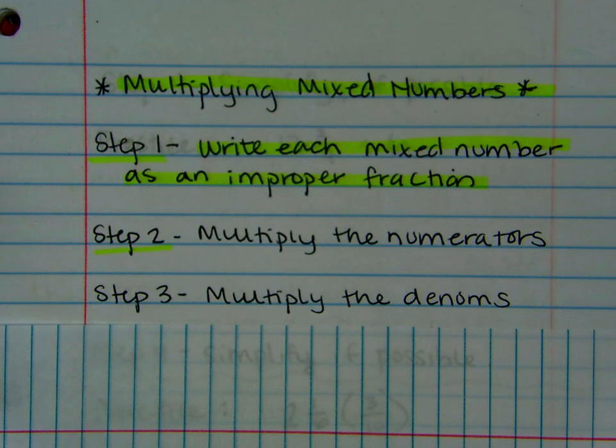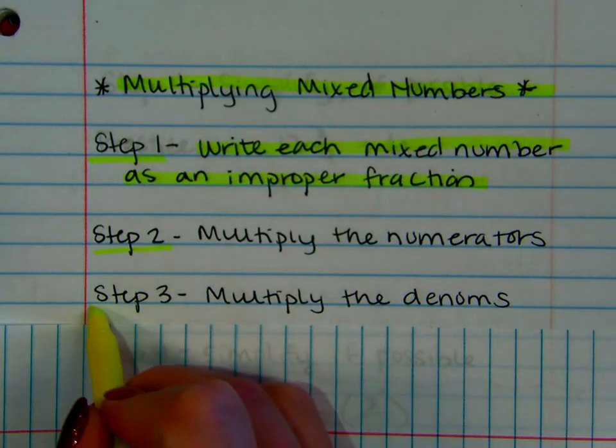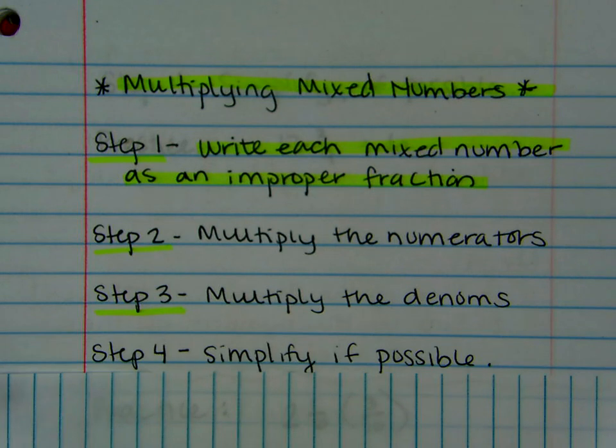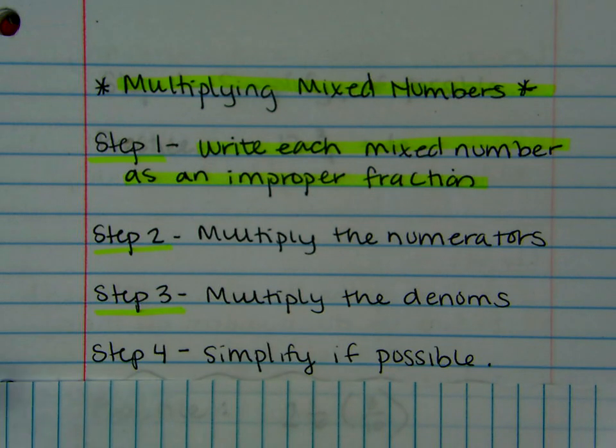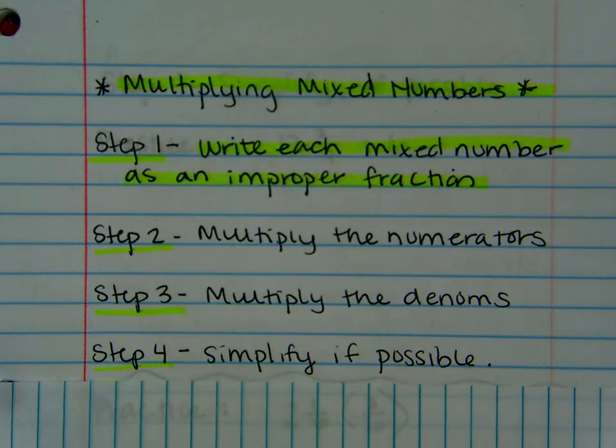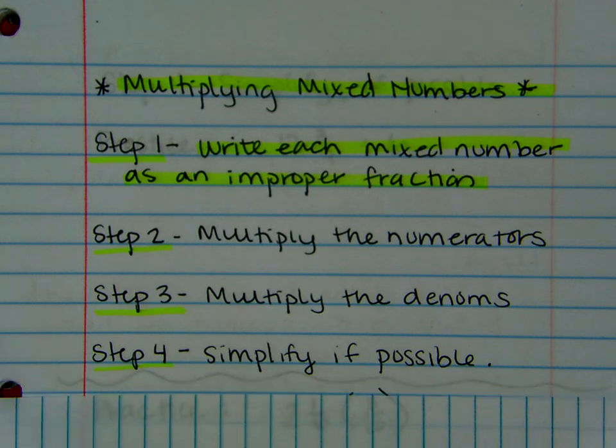Once you've multiplied the numerators, you're going to multiply the denominators. You don't have to make any changes to them, and that's the wonderful thing about multiplying fractions. And then, for step number 4, we always want to simplify if possible. Most of the time, when you are multiplying these mixed numbers, you will have to simplify, so always put it in that simplest form. Okay?